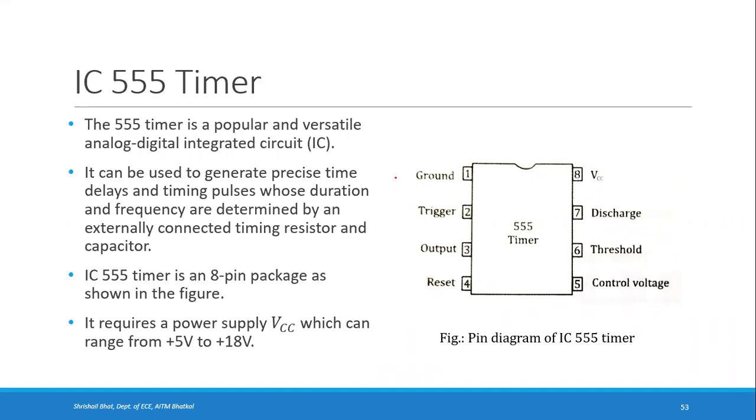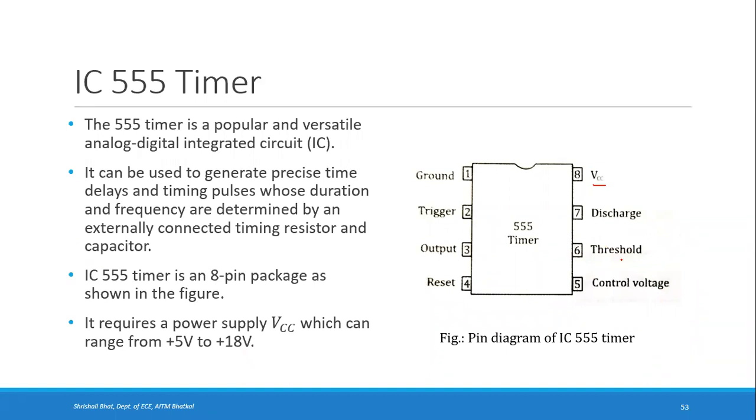The name of the IC is the 555 timer. The name is 555 because there are three resistances of 5 kilo ohms each built into the IC. It's an 8-pin package as shown in this figure. The power supply is given at VCC, which can be in the range of +5 to +18 volts, depending on the kind of IC: 5 volts, sometimes 12 volts, sometimes 15 or 18 volts.